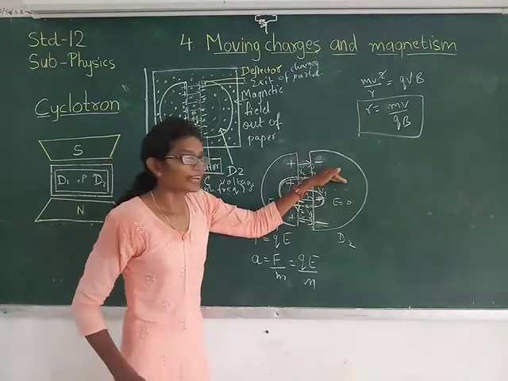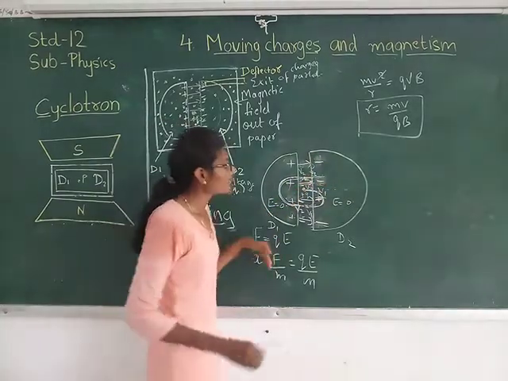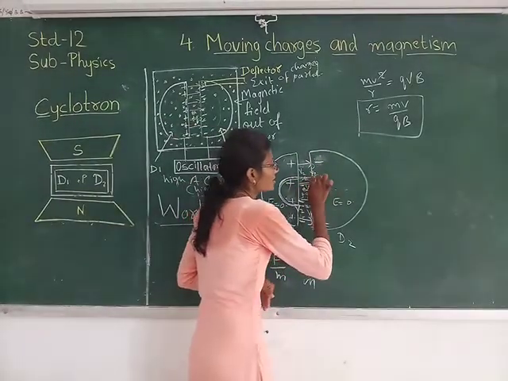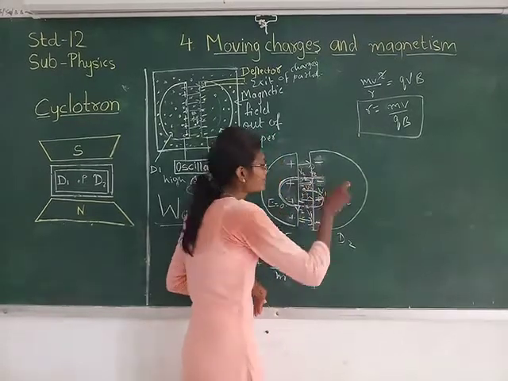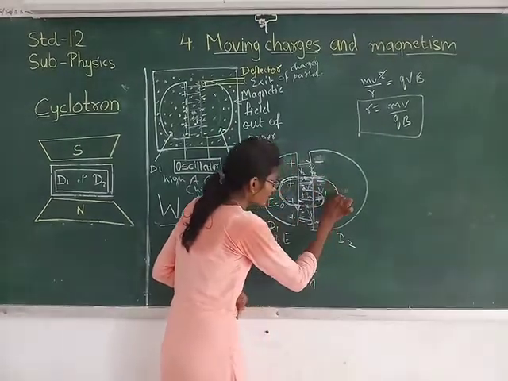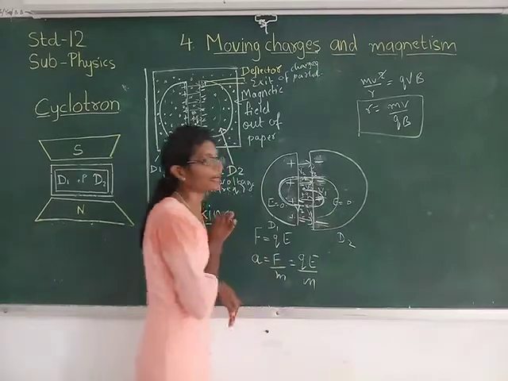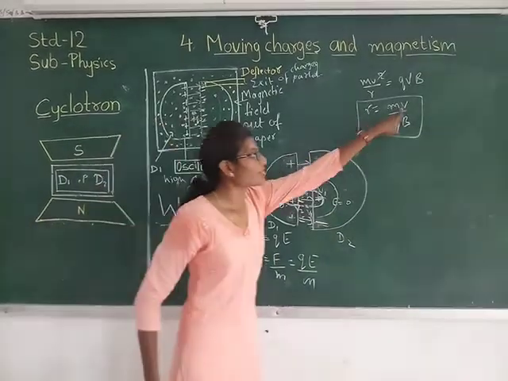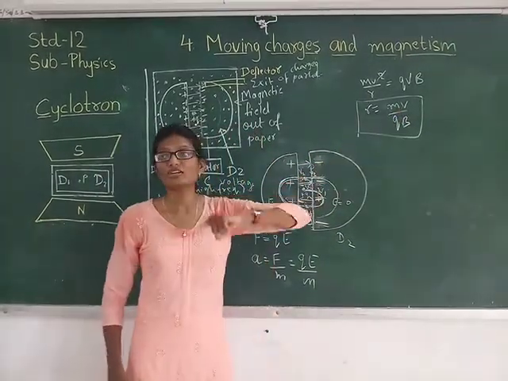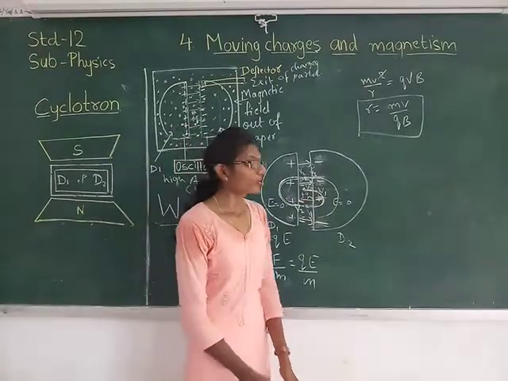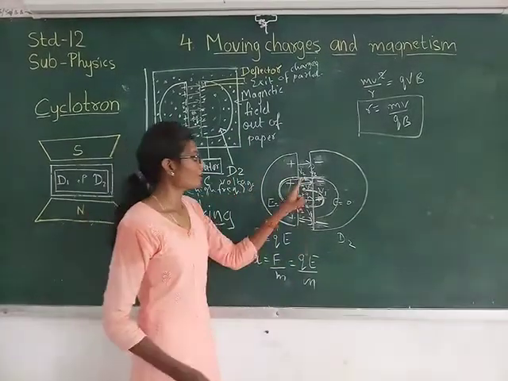But inside it the electric field is 0, so again the magnetic field comes into the picture and it takes the charged particle in the circular path. But now the radius will be greater. Why? Because now the velocity has increased from v2 to v3. So this is the scenario.